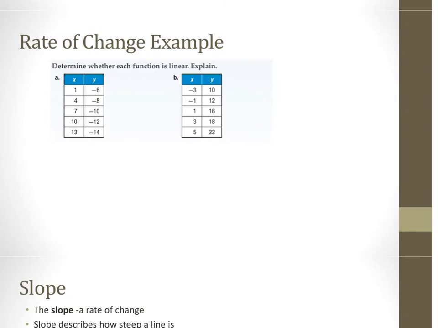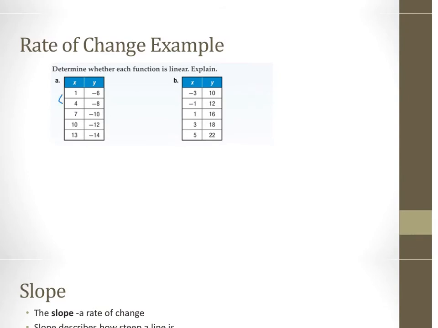So from 1 to 4, this is plus 3. From 4 to 7, plus 3. 7 to 10, plus 3. 10 to 13, plus 3. So far, so good. Now let's check the y's, because x and y have to both increase or decrease at a constant rate.